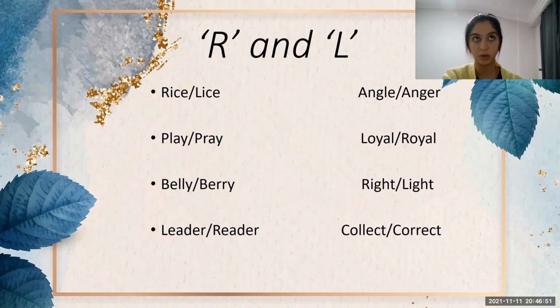It is pronounced something in between these two letters. To tell the difference better, let's take a look at the examples. Rise, lies, play, pray, belly, berry, leader, reader, angle, anger, loyal, royal, right, light, collect, and correct.